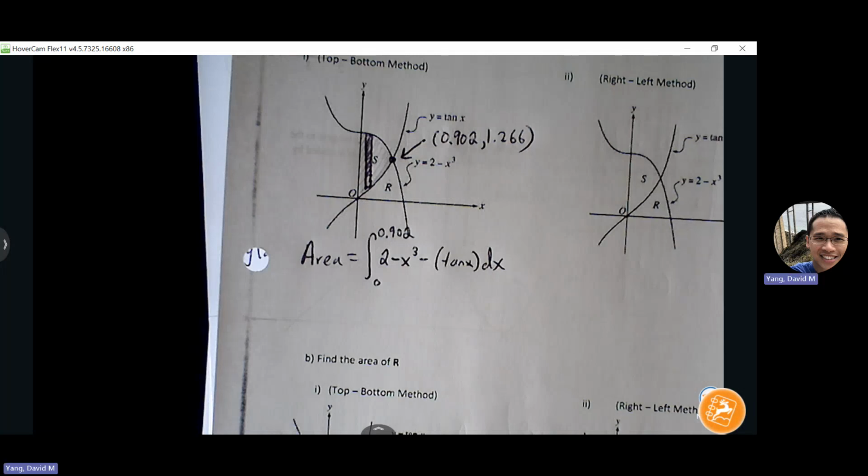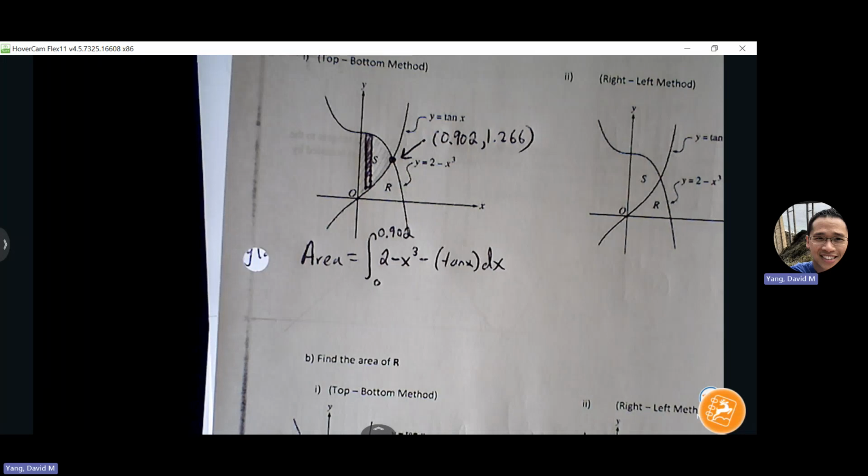So if you have a different order, then do the appropriate. Sorry, y2 is 2 minus x cubed. My bad.